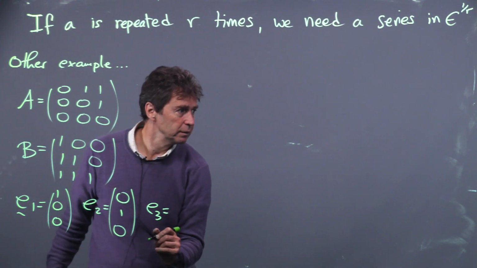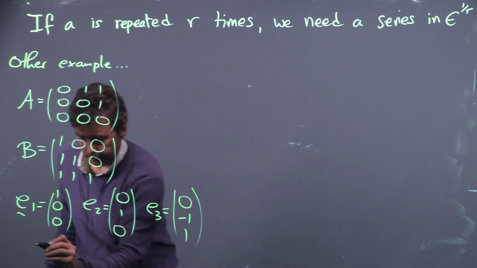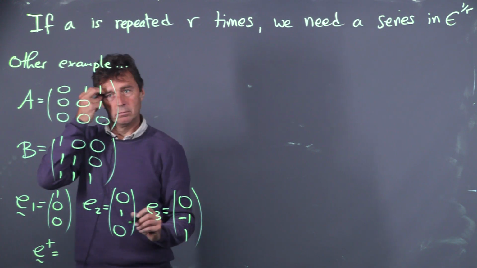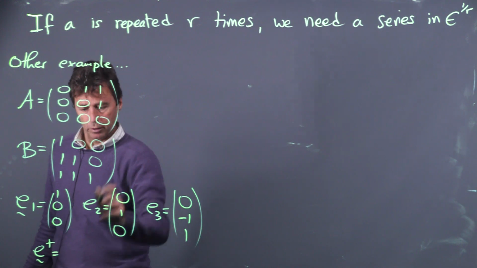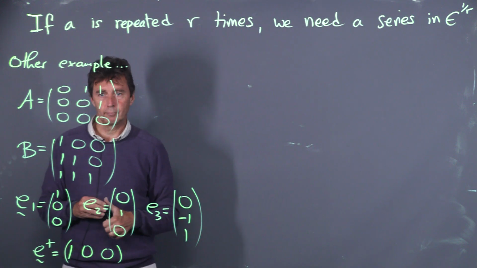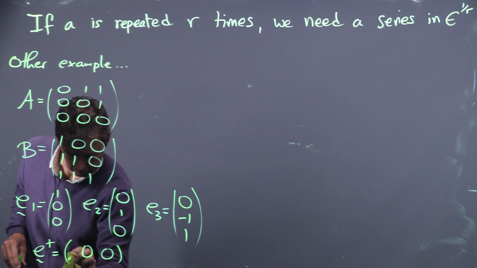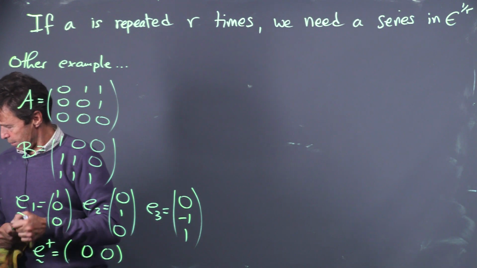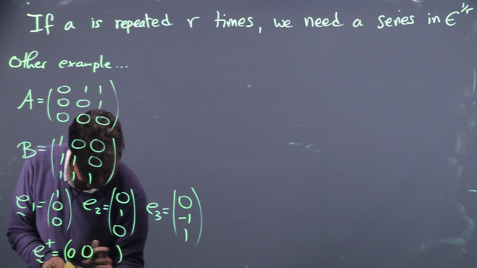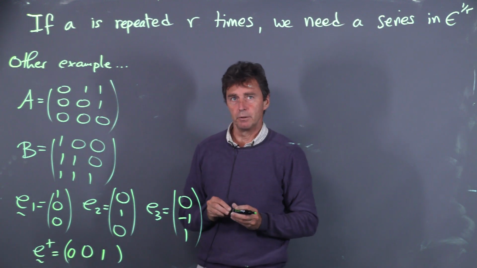E3 is equal to 0, minus 1, 1. And E dagger is 1, 0, 0, sorry, 0, 0, 1. So that's the matrix technology that we're going to need.